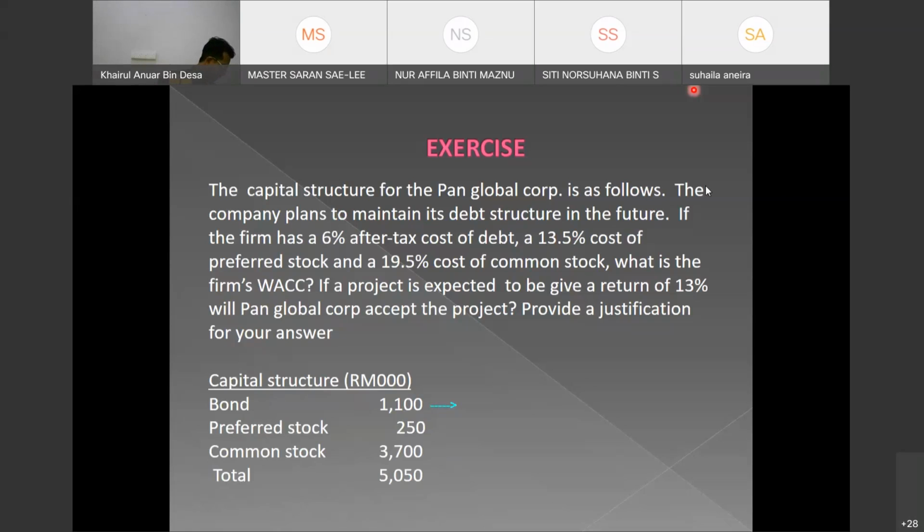Saya rasa saya salah. Betul lah. Saya tengah kira balik. Kita nak tentukan berapa percentage ni? What is the percentage of bond in our capital structure?